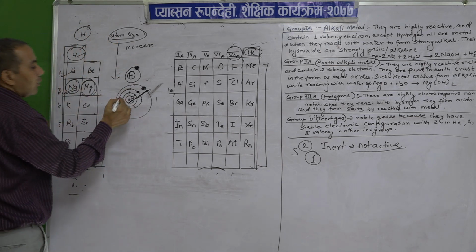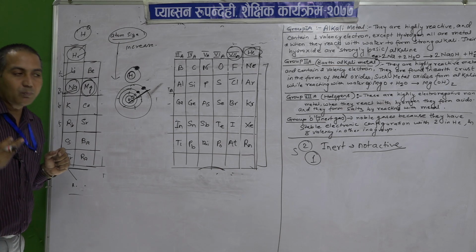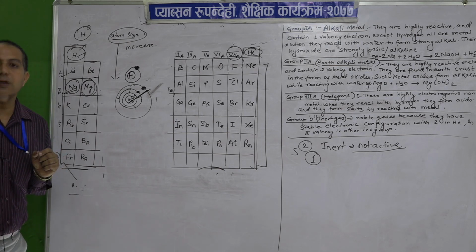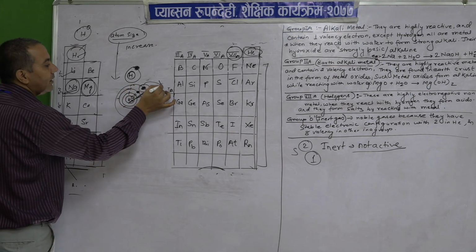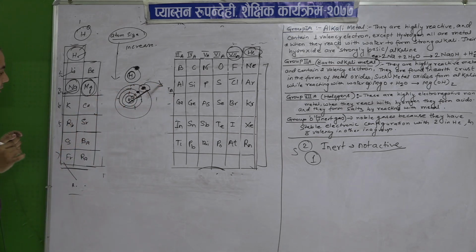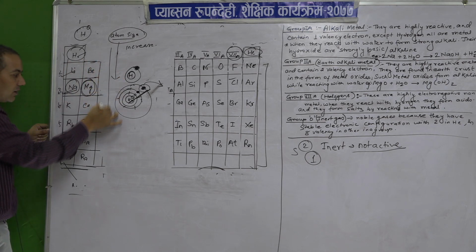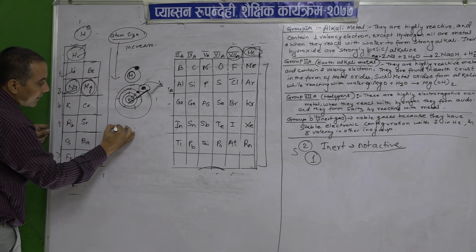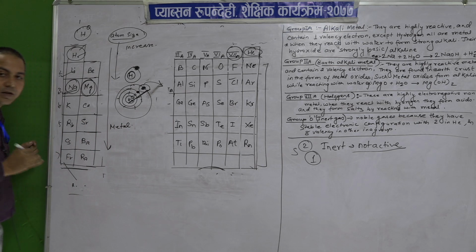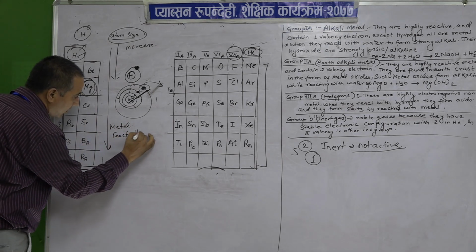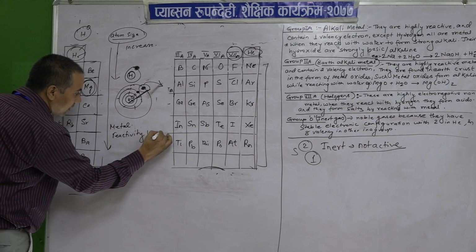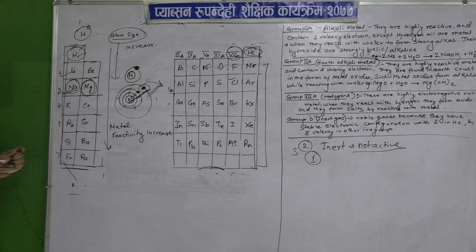Therefore, metal has electropositivity, meaning what? They lose the electron. So, for losing the electron, they need less energy. So, when we go downwards in metals, reactivity increases.